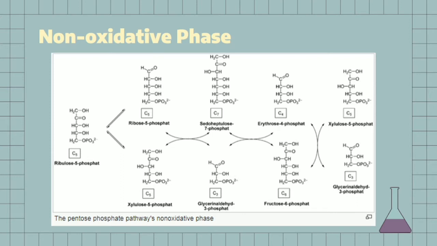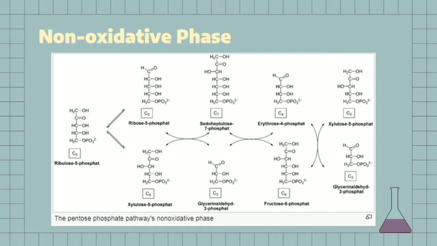In the third process, we will use the products from the second process, the sedoheptulose 7 phosphate and the glyceraldehyde 3 phosphate, as reactants. But in the third process, we are going to use a different enzyme, which is called transaldolase. What the transaldolase does is take three carbon sections from sedoheptulose 7 phosphate, changing it to erythrose 4 phosphate.